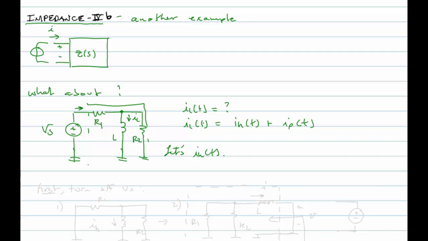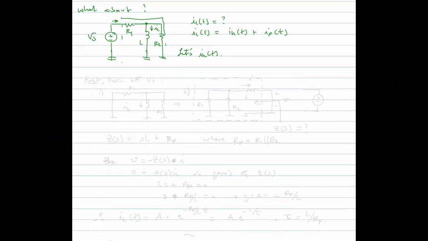Okay, so it just takes a little trickery. All right, so let's first, because it's homogeneous, turn off Vs. Right, so I'm going to have this network here. I'm looking for the homogeneous solution, IH here. So that's the first step.